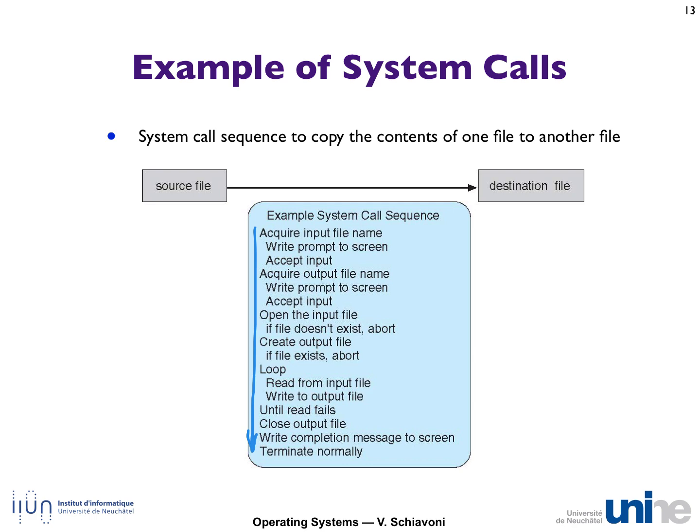These system calls are necessary to acquire the input file name, write some prompt to screen, accept some input, open the file, and if the file doesn't exist, abort, create the output file, then loop reading the content of the input file and copying it to the output, and so on and so forth. If everything goes okay, then terminate normally. If something breaks, like if the file doesn't exist, it terminates abruptly.